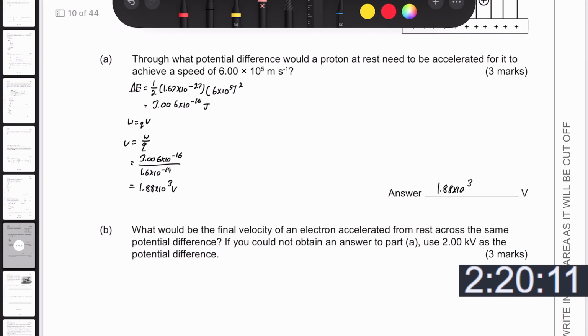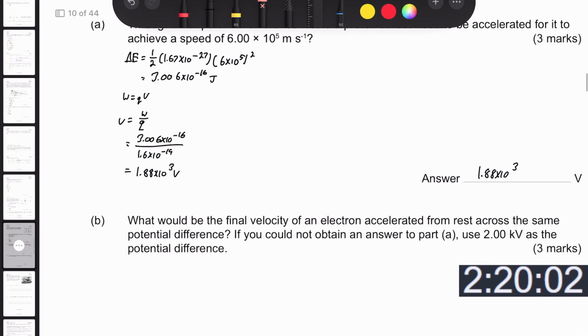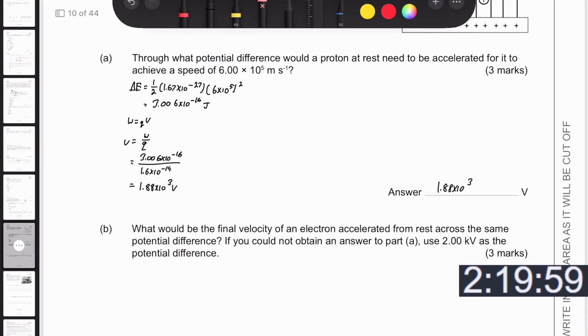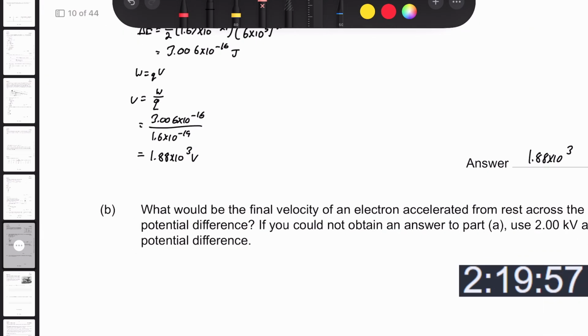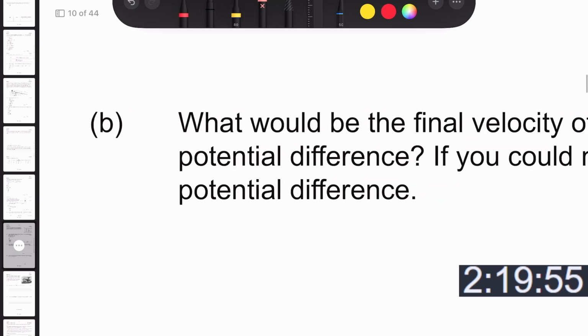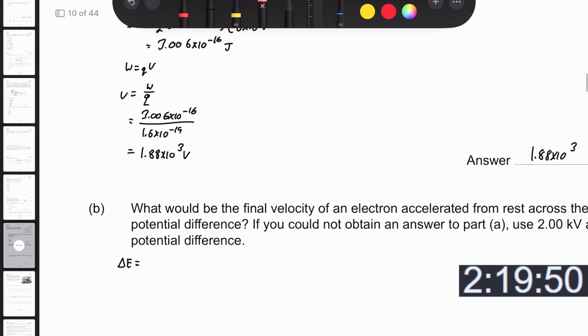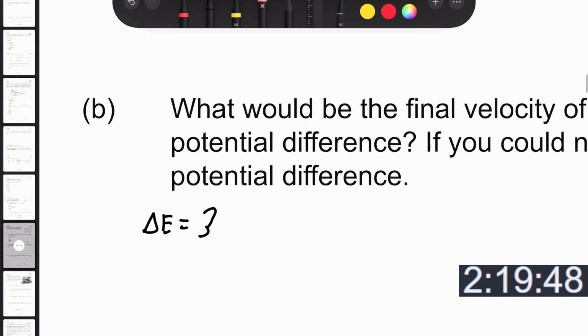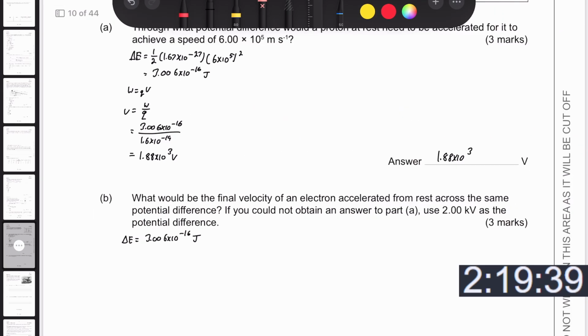Okay, what would the final velocity of an electron accelerated from rest across the same potential difference? Accelerated from rest. So then delta E is equal to the same 3.006, that is an ugly 3, times 10 to the negative 16 joules.